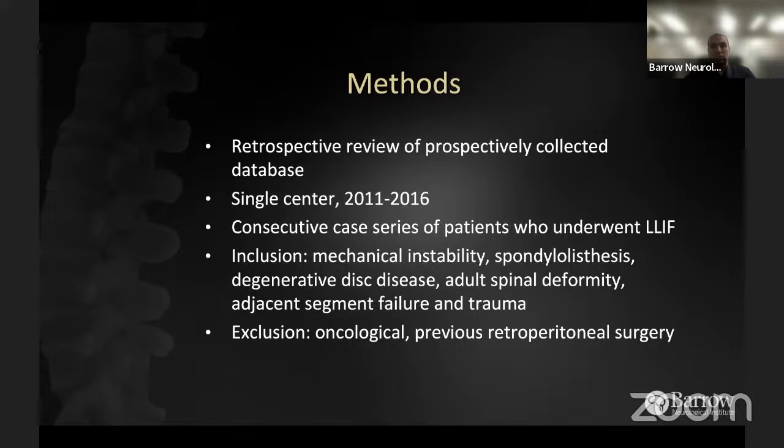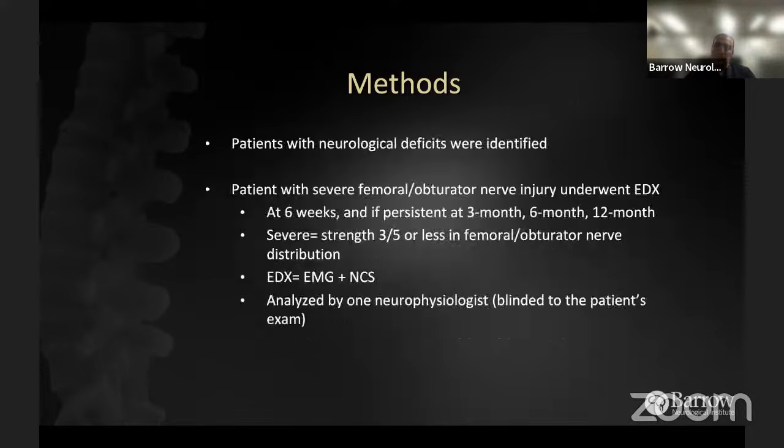The inclusion criteria were indication for mechanical instability, spondylolisthesis, degenerative disc disease, adult spinal deformity, adjacent segment failure, and trauma. They excluded oncological patients and patients who had previous retroperitoneal surgery. Patients who had neurological deficits were identified.